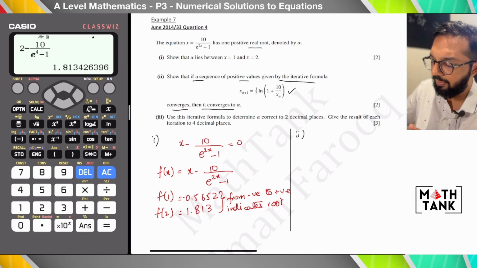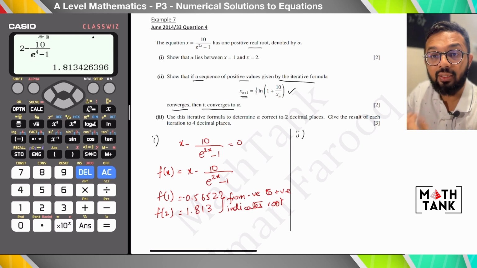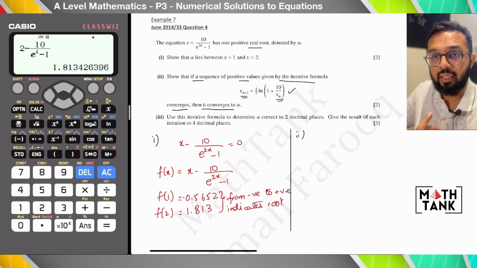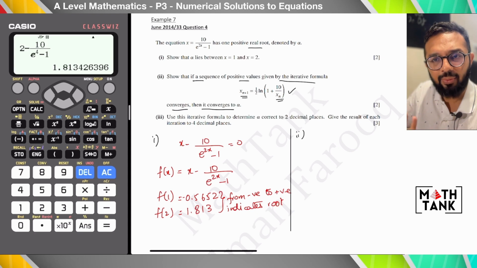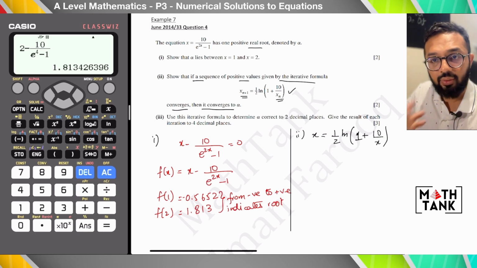If you remember from the first few questions, when I've isolated x, this n plus 1 is a subscript that I essentially put in myself in order to construct an iterative formula. This x with the subscript of n is also another thing that I do in order to construct an iterative formula. In essence, when I was constructing this iterative formula, I would have gotten this as the starting point, and then I would have introduced the subscripts.